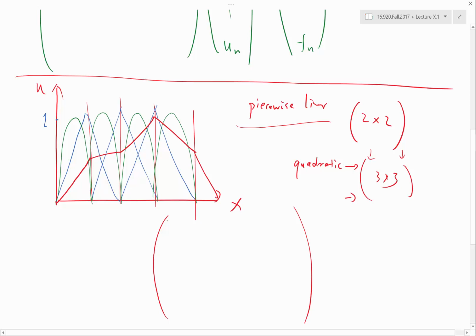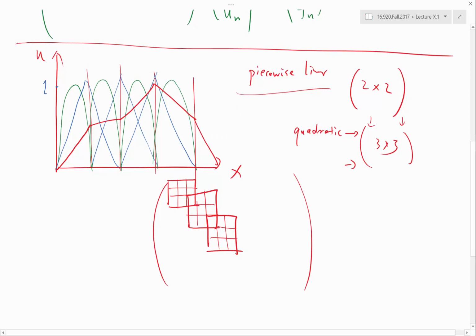So basically, let's take the quadratic case. You get a 3 by 3 matrix in the first element. Then you stack it with another 3 by 3 in the second element, and then you stack it over another 3 by 3 in the third element, etc. So in the piecewise quadratic case, you get a matrix that is not exactly tridiagonal.